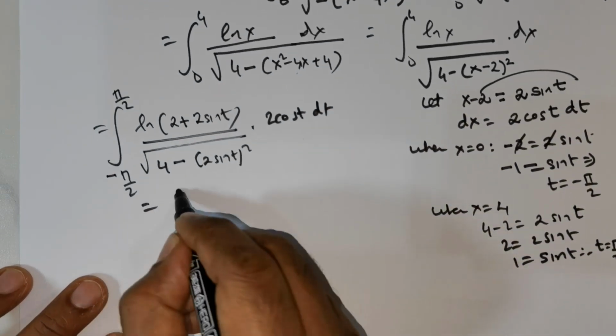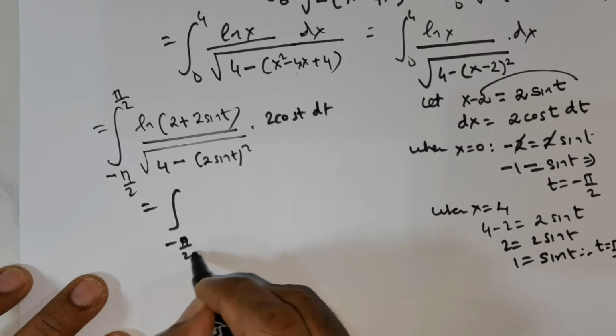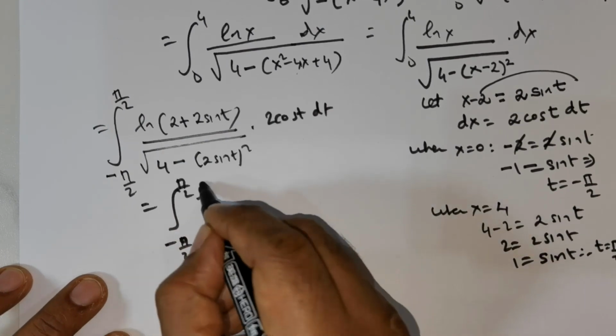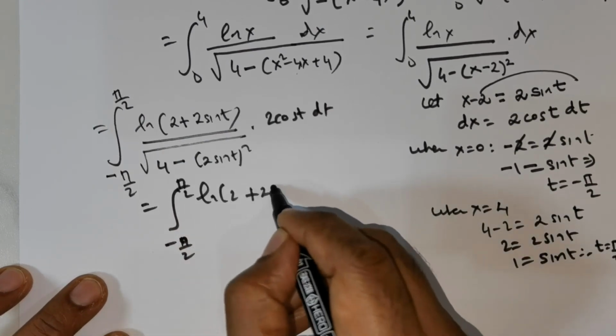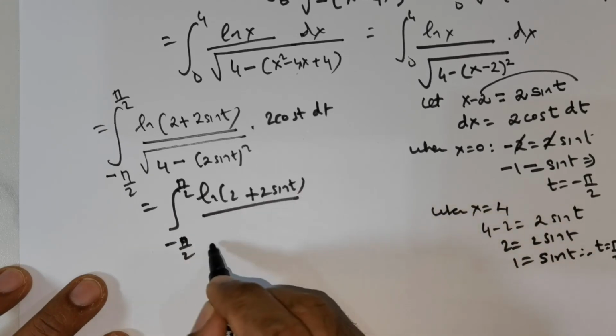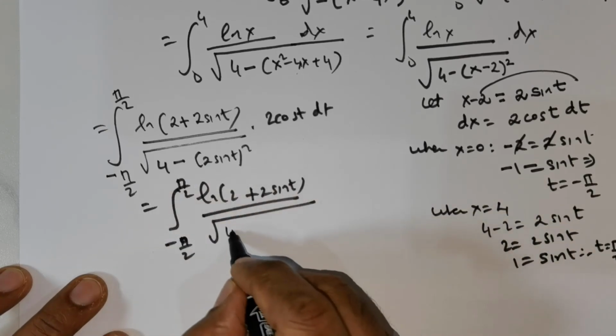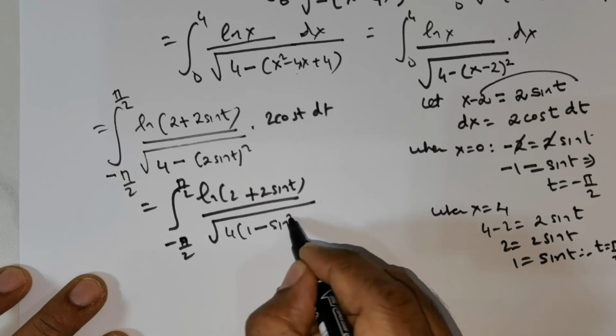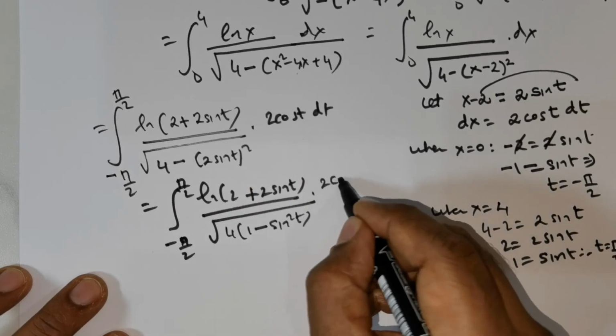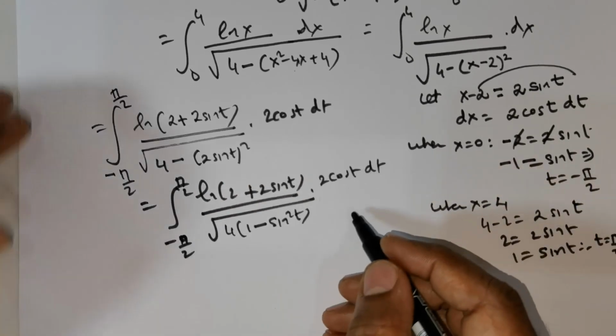Now this is equal to the integral from negative pi over 2 to pi over 2 of ln of 2 plus 2 sine t divided by, taking the 4 out, 1 minus sine squared t, times 2 times cos t dt.